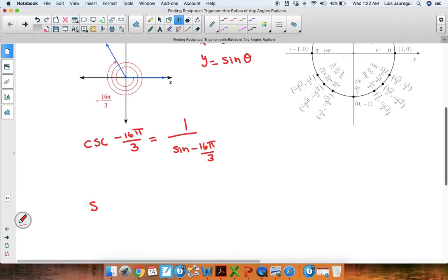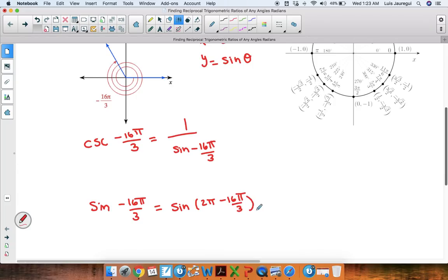So we're going to rewrite sine of negative 16 pi over 3, and we're going to find any angle that happens to be coterminal with this particular angle measure. So we're going to say this is sine of 2 pi minus 16 pi over 3.